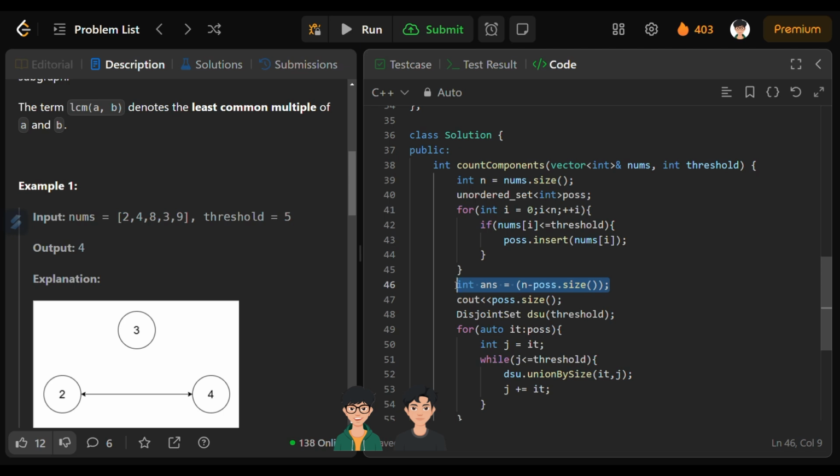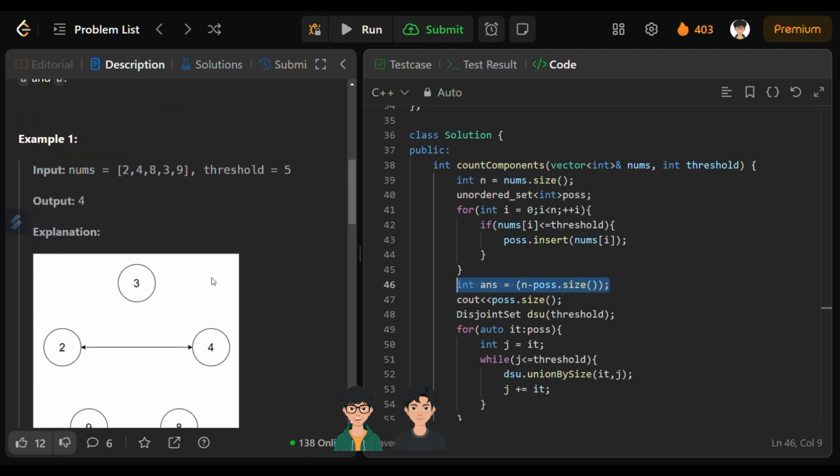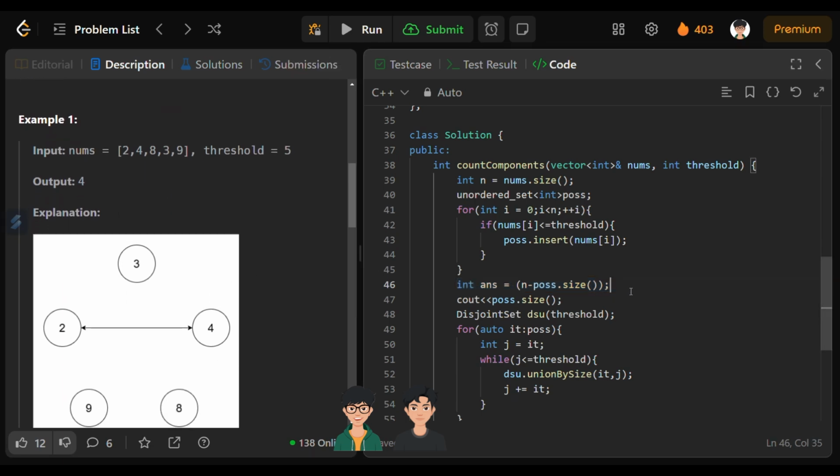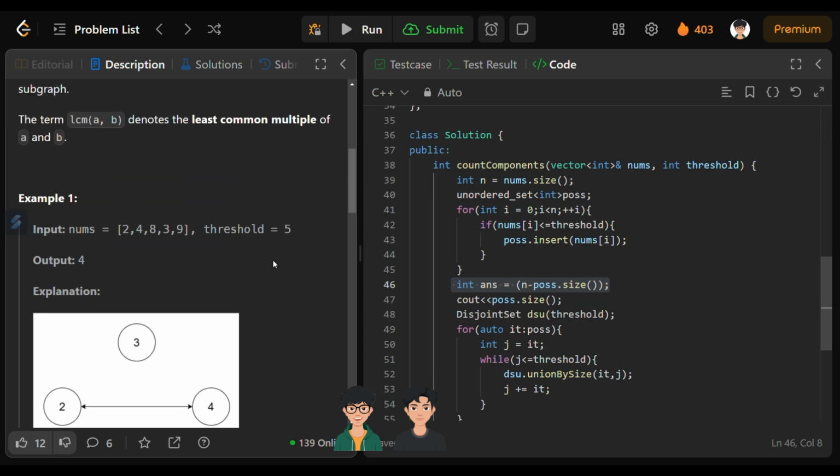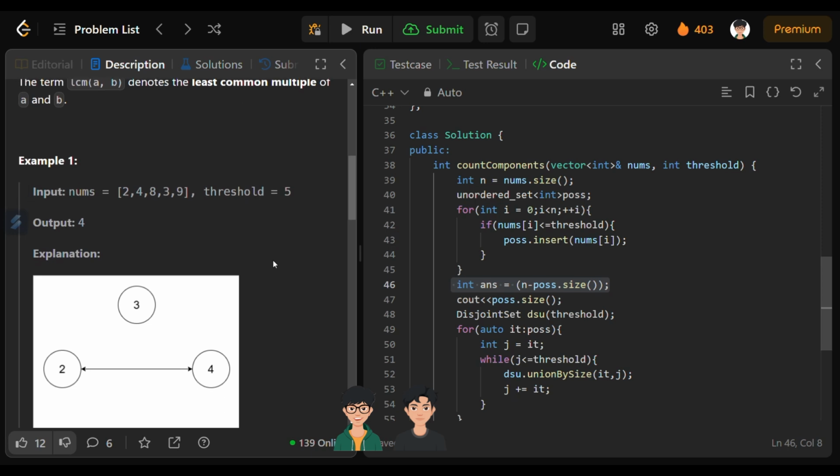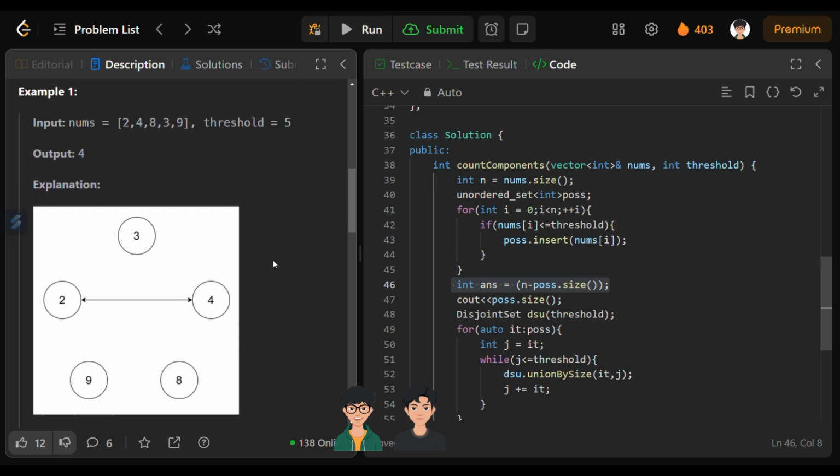After that, I have used DSU here. I think this can be solved without DSU also, but I have taken DSU. Why is DSU used? DSU is used here because this is a dynamic graph. By dynamic graph I mean that we are checking and connecting the edges, dynamically constructing the graph.